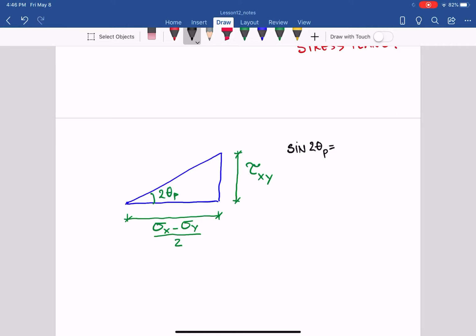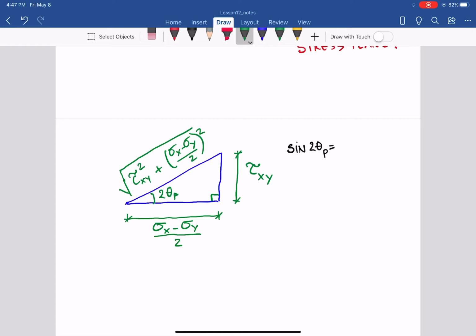In this case, the hypotenuse is the square root of tau xy squared plus sigma x minus sigma y over 2 squared, basically the square root, because the right angle is there.